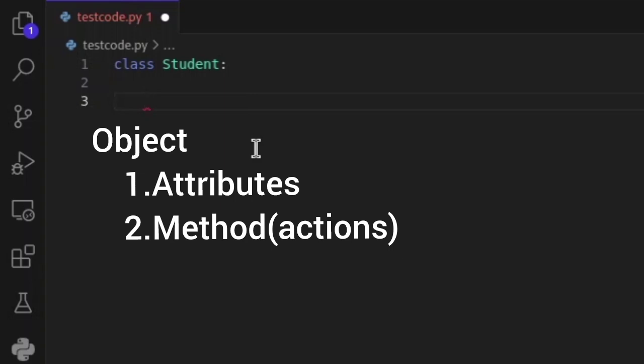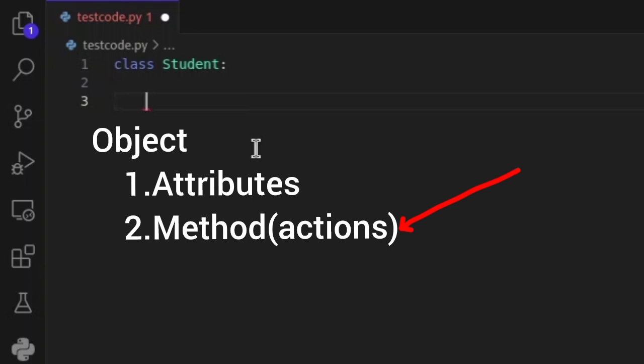So what you see in a person or a car that you can use to describe it is what we call the attribute or the property of that object. So in object-oriented programming, every object that you create must have these two things: the attribute and the method, or we say the action it takes.